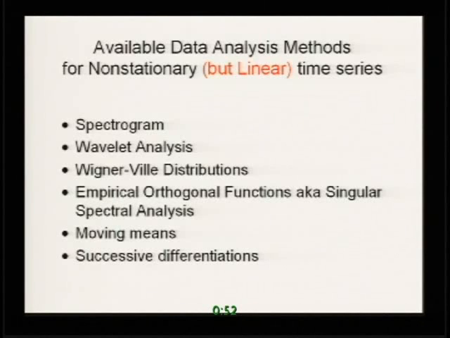If that's the case, fine, we can do a spectrogram, which is short-time Fourier transformation, and we can do wavelet analysis, with all kinds of various functions that will analyze for you. And we can do the Wigner-Ville distribution, and all kinds of different things to give you some feeling of non-stationary processes. But non-stationary, but linear.